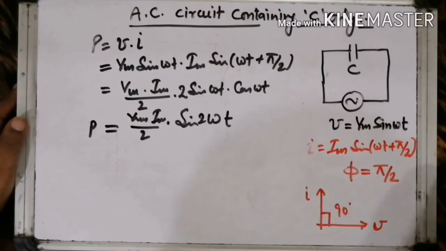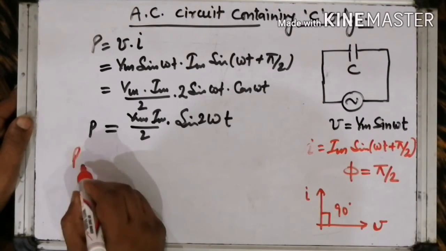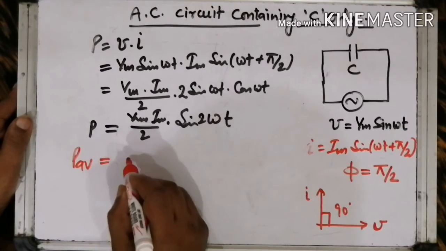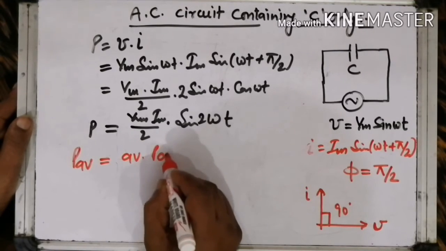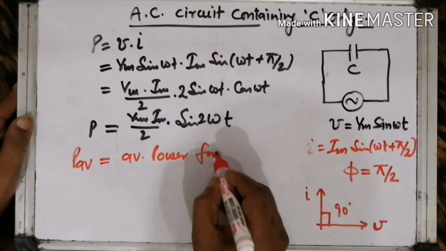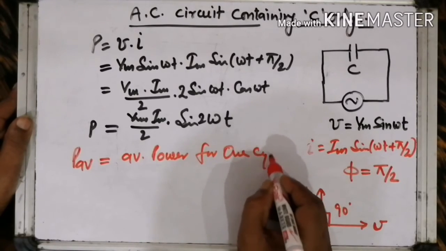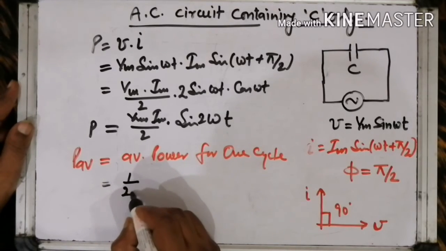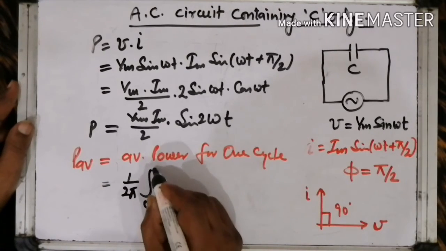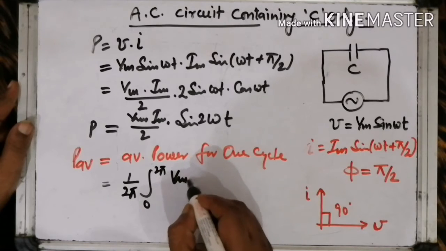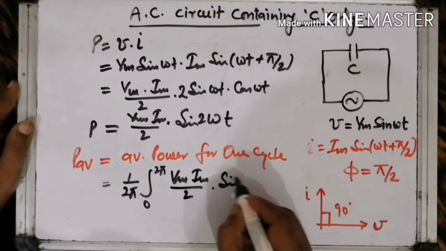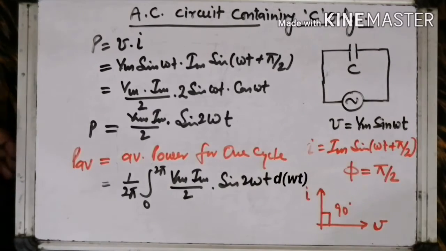Now I am going to calculate the average power for one cycle, that is 1 upon 2 pi integration from 0 to 2 pi of V maximum I maximum divided by 2 into sin 2 omega t.